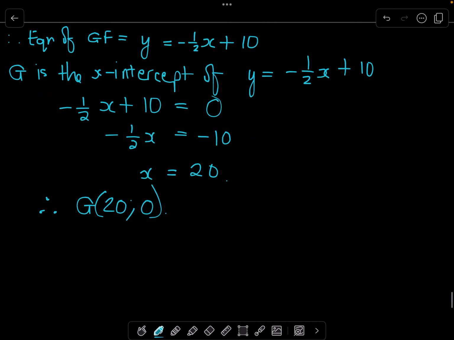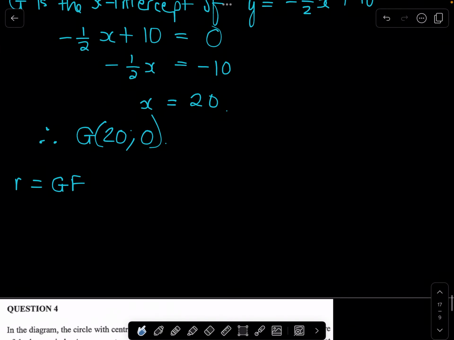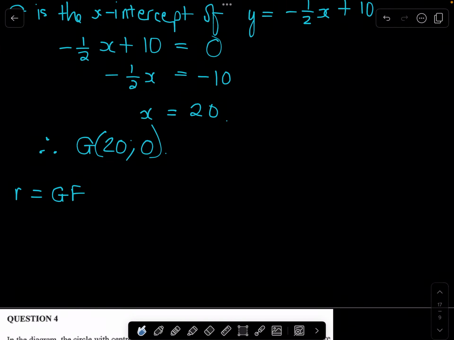And then now we can figure out the length of the radius, which is just the length of GF. F is 8, 6. G we've just worked out to be 20 and 0.